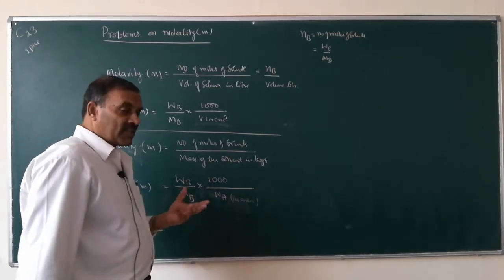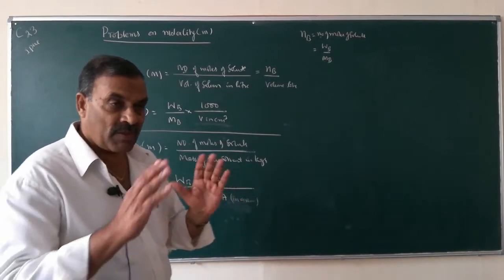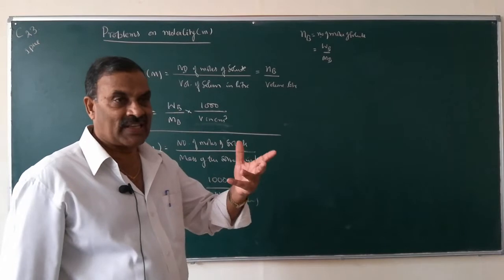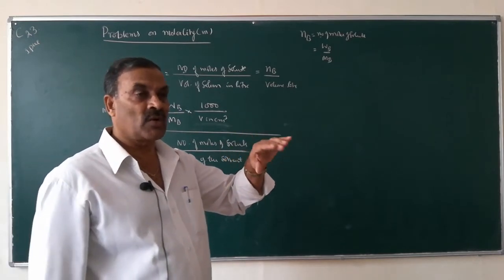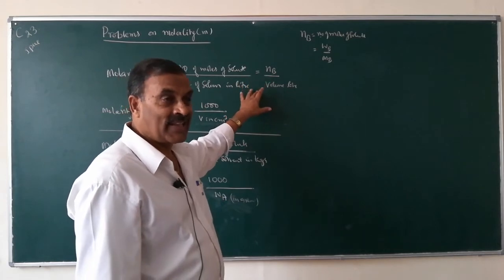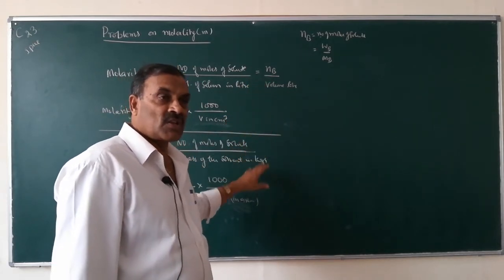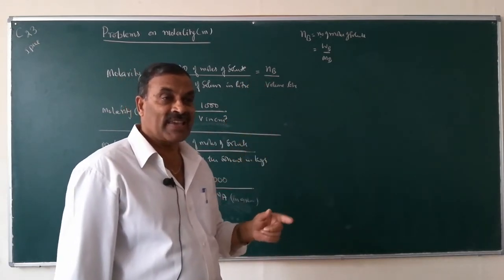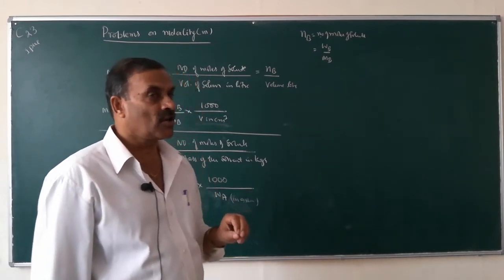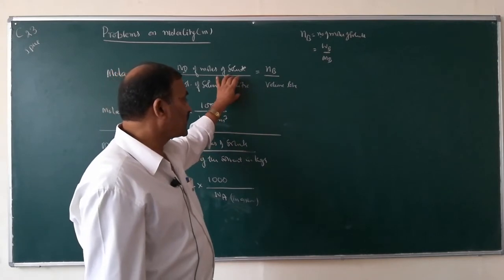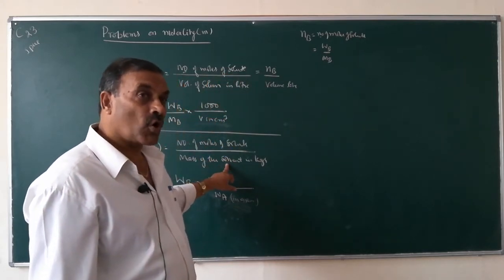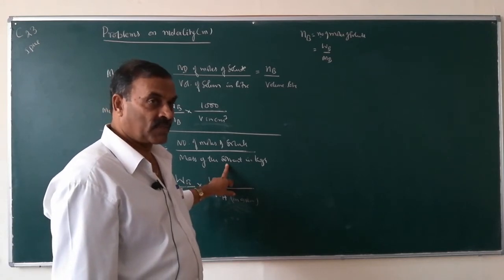So you have to remember the difference between molarity and molality. Molarity: number of moles of solute in 1 liter of its solution. Molality: number of moles of solute present in 1 kg of the solvent. In molarity, the volume of the solution is considered; in molality, the weight of the solvent is considered.